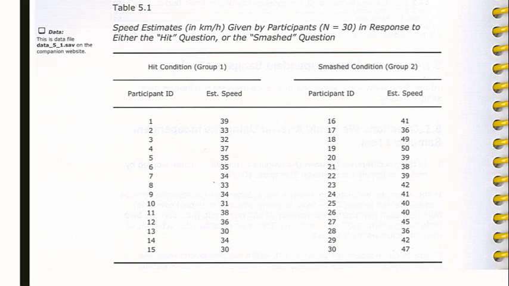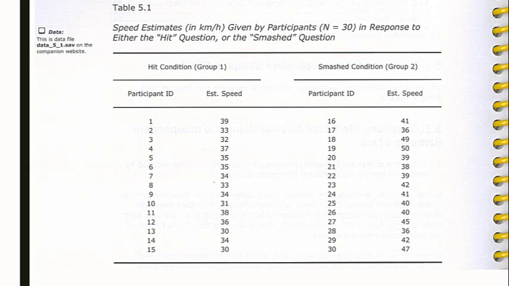If you look at table 5.1, this is a replication that was done for a class project. The researchers, who are students, showed participants in their study videos of a car accident, and if you want to see the type of video that Loftus and Palmer used, you can find them pretty easily with a Google search for Loftus and Palmer car accident video.